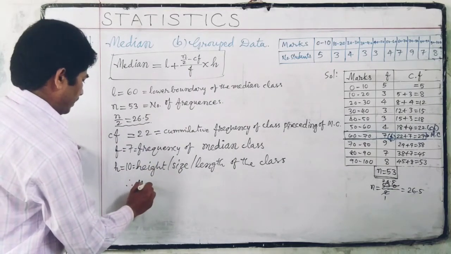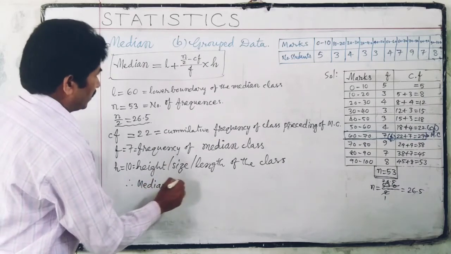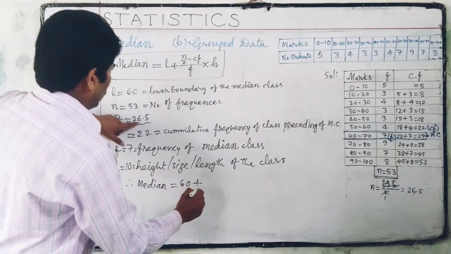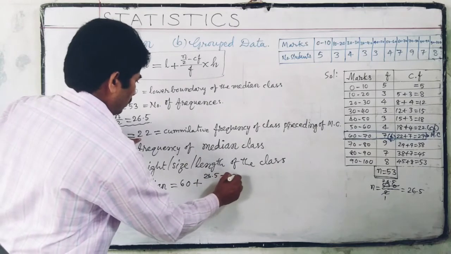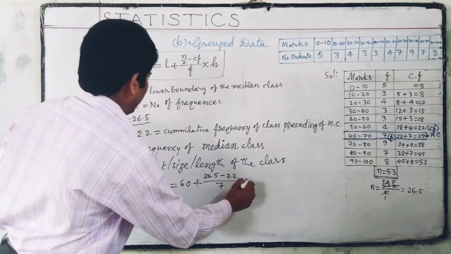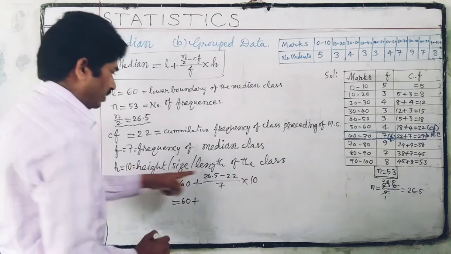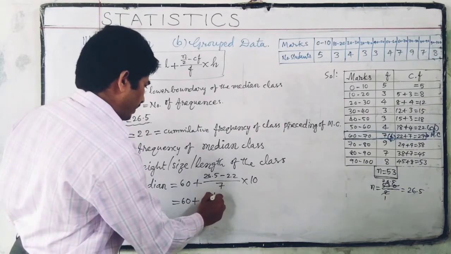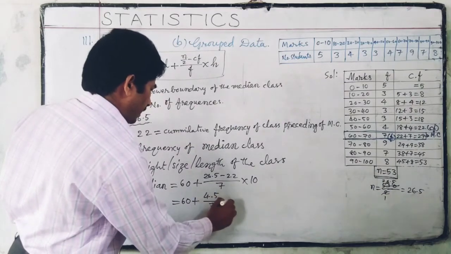Therefore median is equal to L is 60, plus n by 2, 26.5, minus CF 22, by F 7, into H 10. 60 plus 26.5 minus 22, 4.5 by 7 into 10.